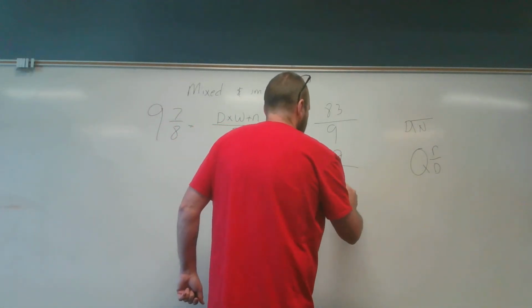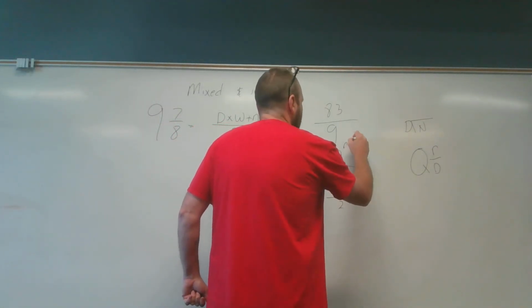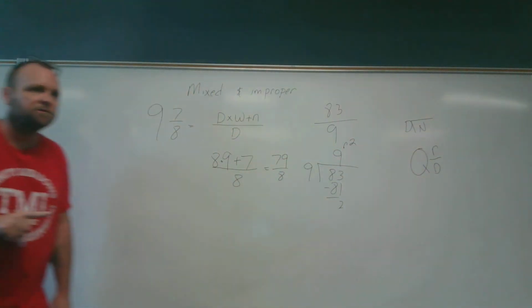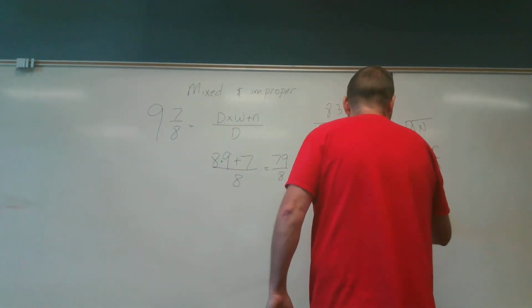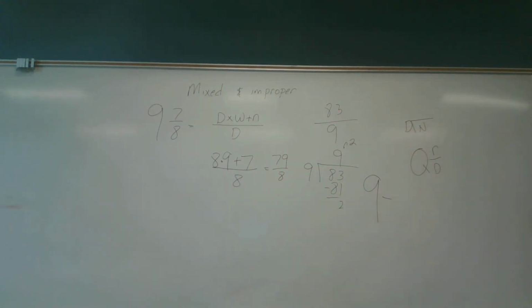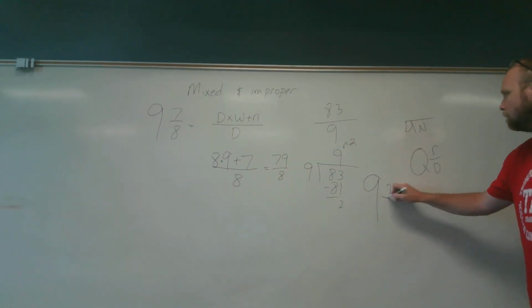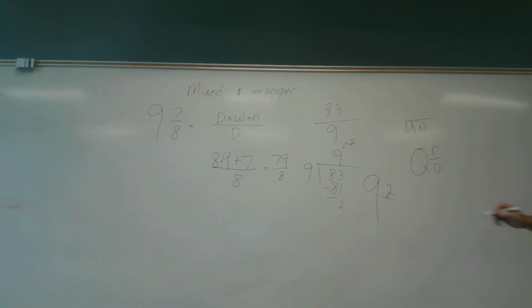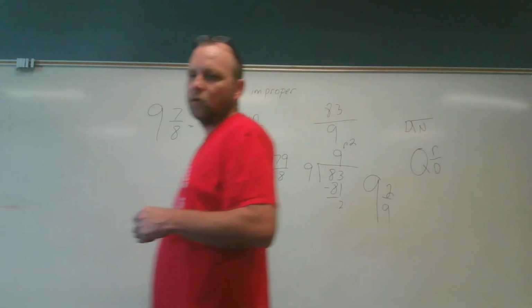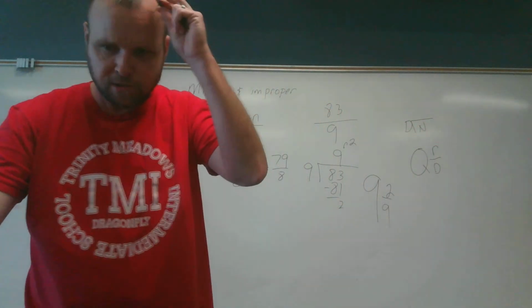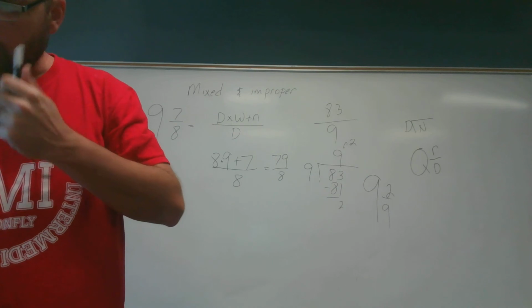Remainder 2, which is 81, subtract 2. 9, remainder 2. My quotient is my whole number, which is what? 9. And my remainder is my numerator, which is 2. My denominator stays the same, 9. So 9 and 2 ninths. And then there'll be a couple adding and subtracting fractions, which you've done 4,286 times.